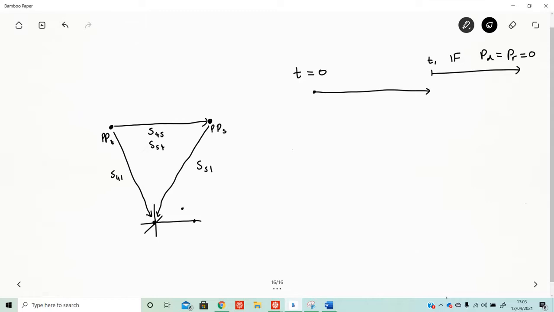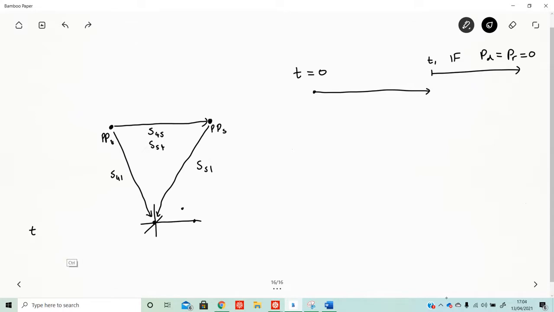The only problem with that is that it's still not an inertial frame, because if we imagine that T2 is equal to T1 plus S41, well, all of this information still has to propagate through PP4 and then propagate down to the centralized point particle. So that's not going to work, because by this time the system will still not realize that we're in an inertial frame. So what we need to do is wait a little bit longer, right?